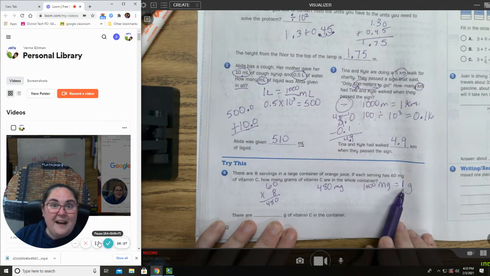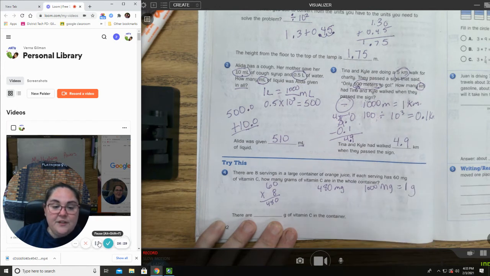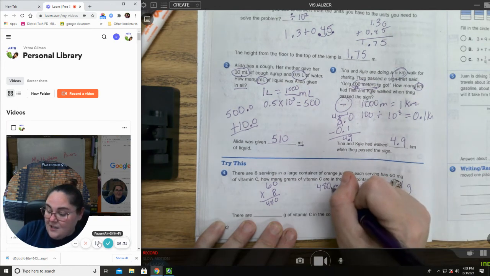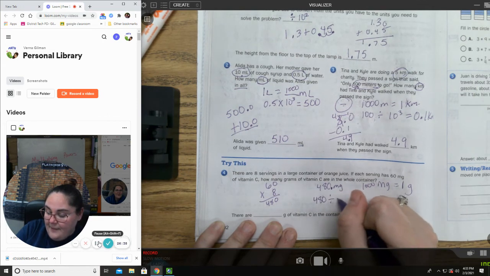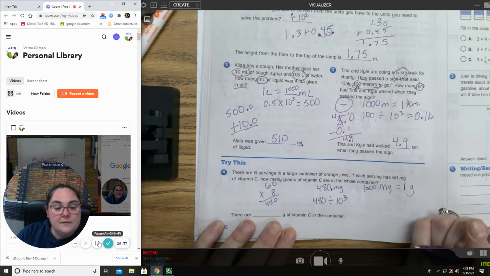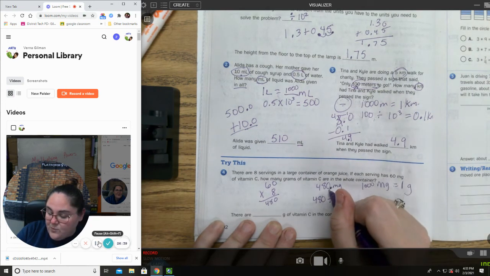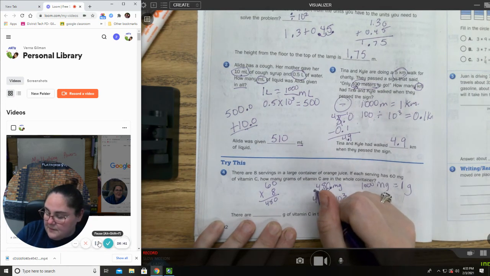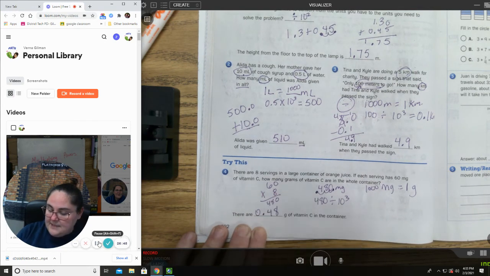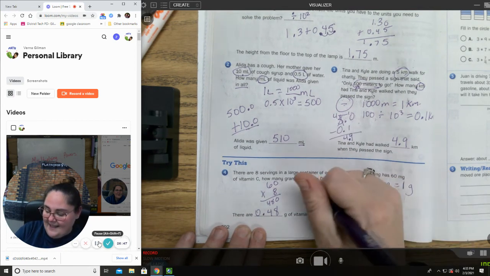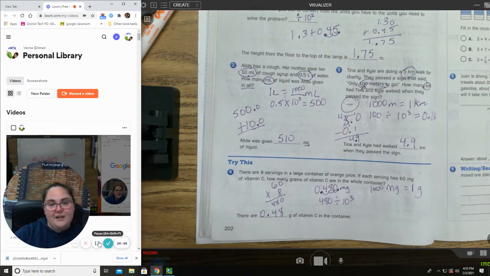So that means I'm going to divide. And I moved it 3 spaces. So I'm going to go 480 divided by 10 to the third. Move that decimal 3 spots. 1, 2, 3. Your answer should be 0.48. That's how you would answer that question.